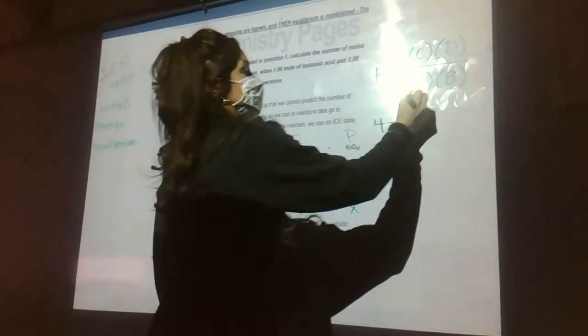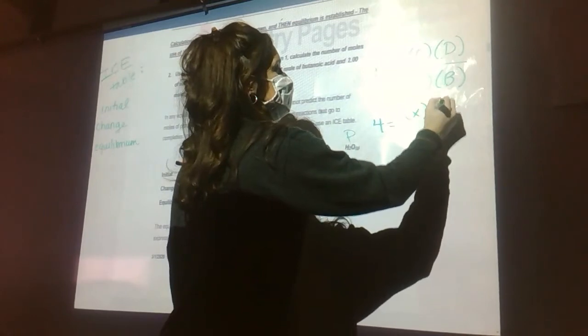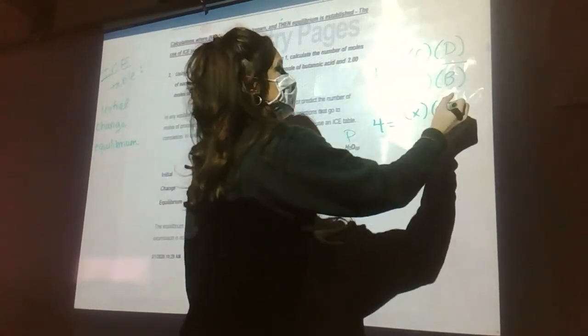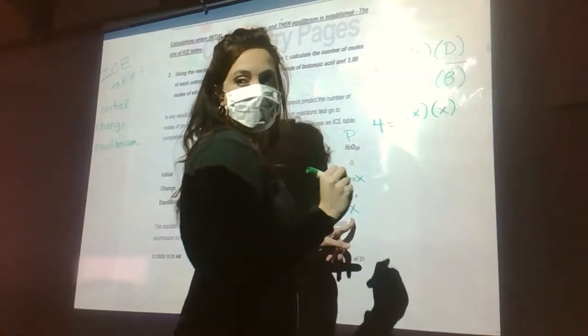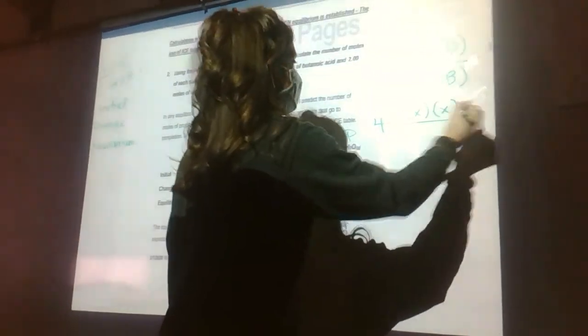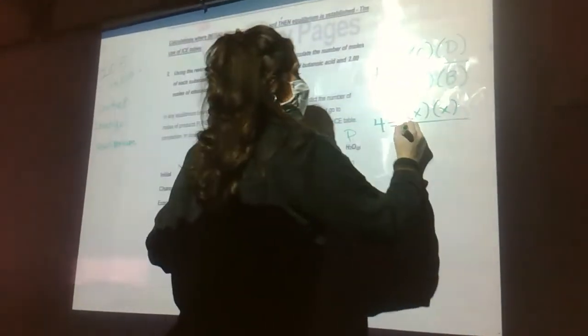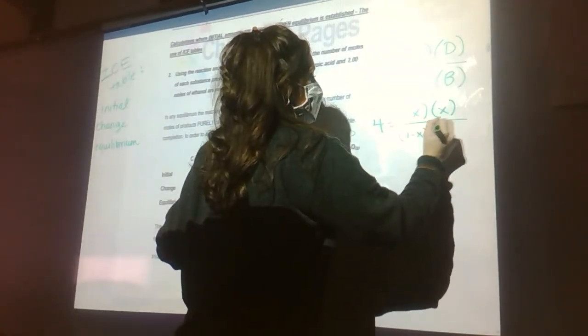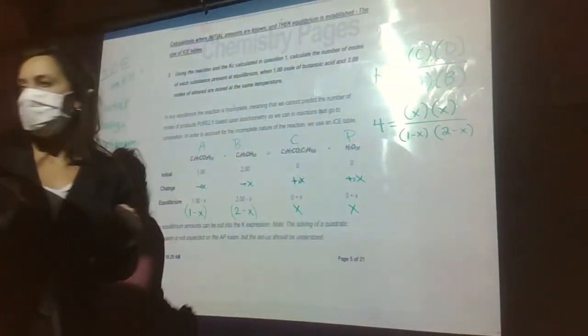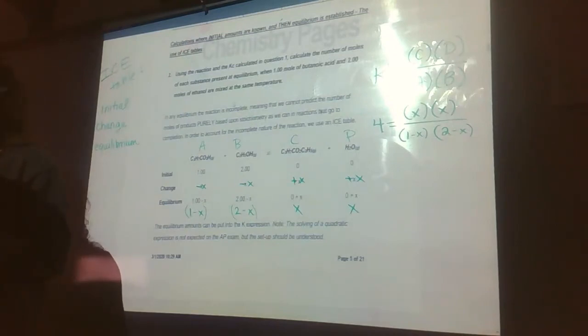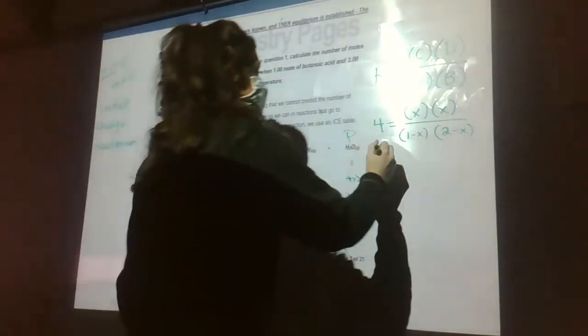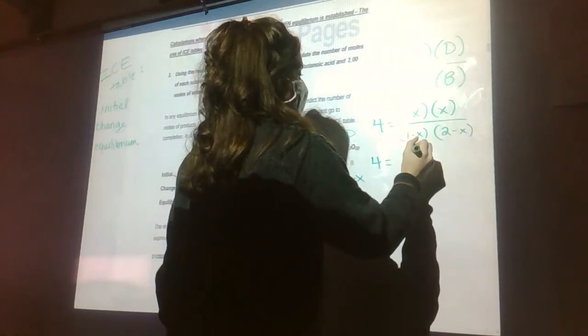C is x, D is x, A is 1 minus x, and B is 2 minus x. Simplify: x squared.